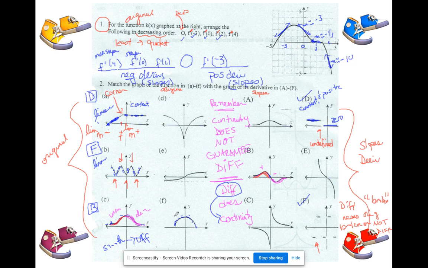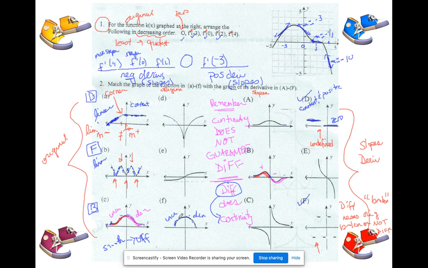So you're looking for a derivative that starts out positive because the original is increasing, and then the original turns around and decreases. So you're looking for a derivative that is above and then below the x-axis. So B was above and below, but look at the difference between these two graphs. Both of them were increasing to decreasing, but this graph had curvature here where the slopes were increasing and then the slopes changed to decreasing.